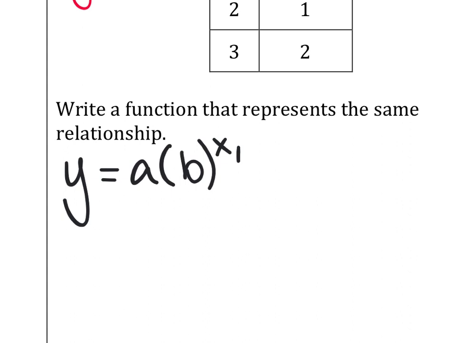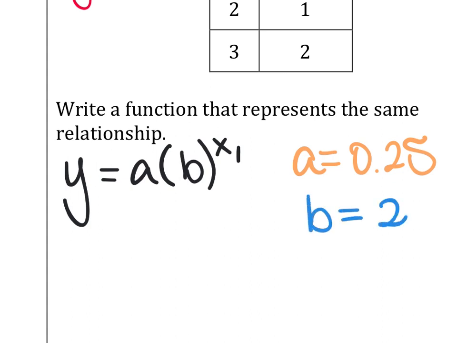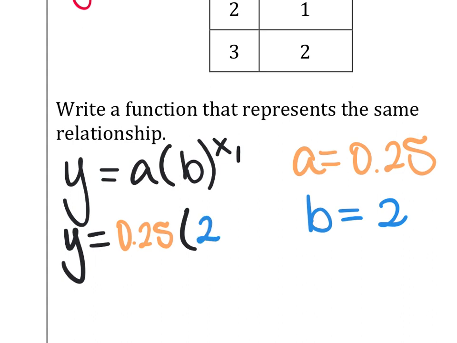Now over here on my Desmos, it told me that my a value is equal to 0.25 and that my b value is equal to 2. I'm going to take that information and write my new equation. So I have y is equal to 0.25 times 2 to the x power.